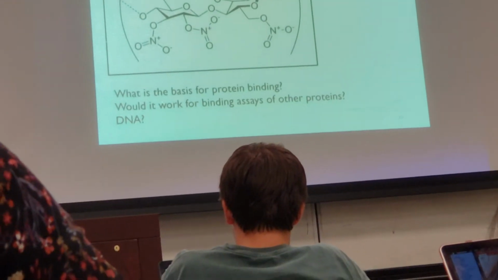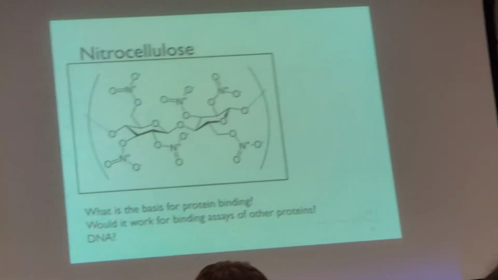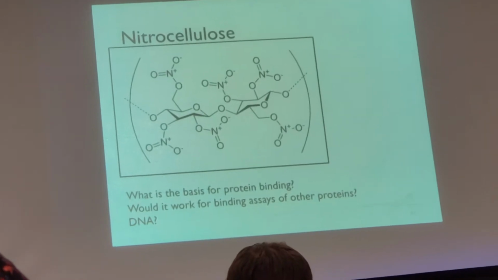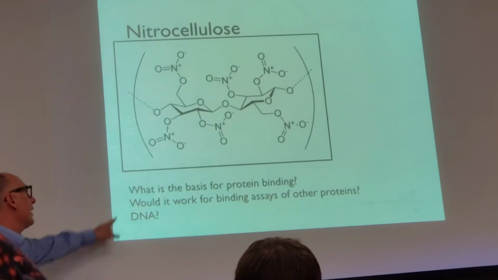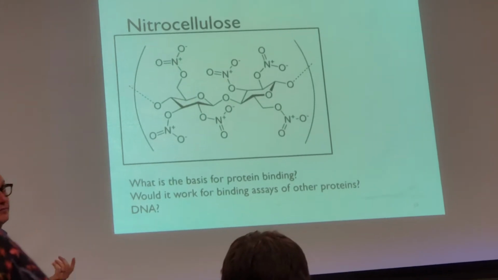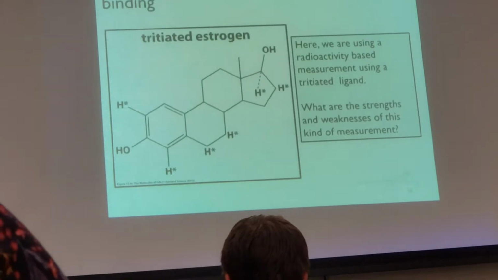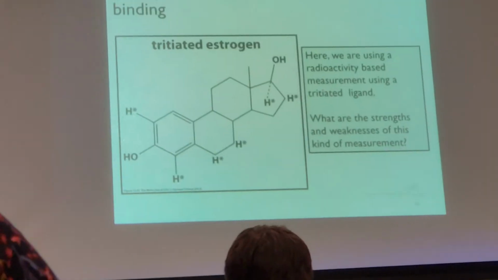How about nucleic acids? Would this be good for binding nucleic acids? Also probably pretty good. There's a lot of charge, a lot of positive charge. So people also use nitrocellulose for doing DNA. So it's a good generic filter for binding charged molecules. If I look at the free ligand itself, should the nitrocellulose bind the free ligand?